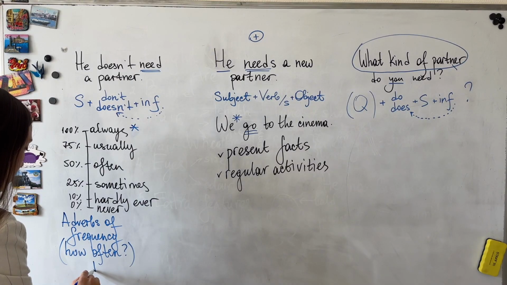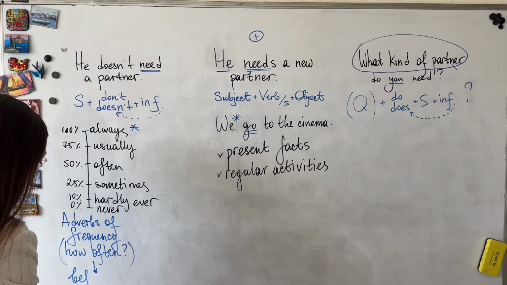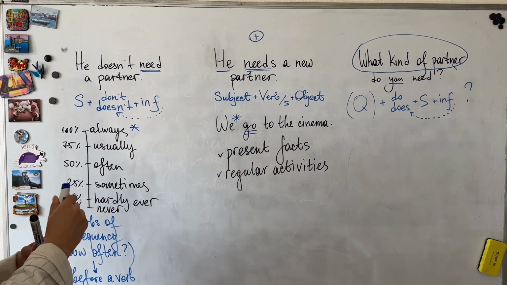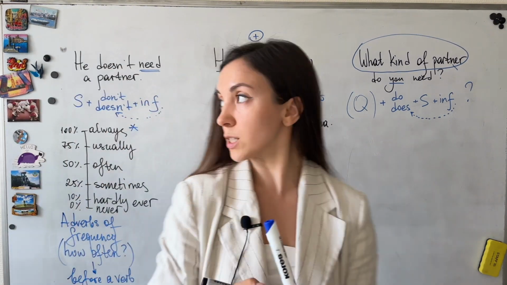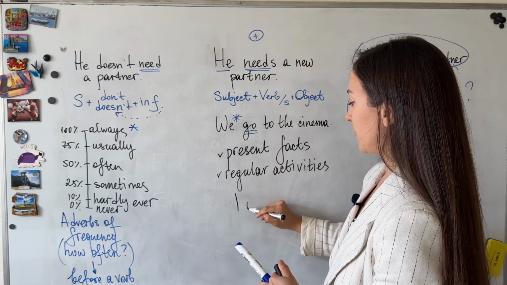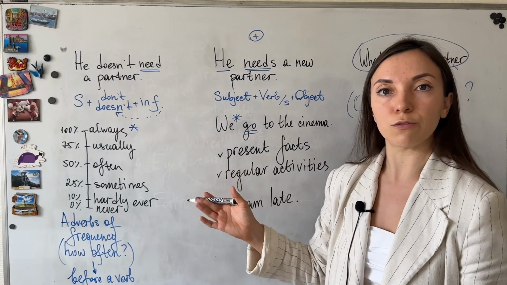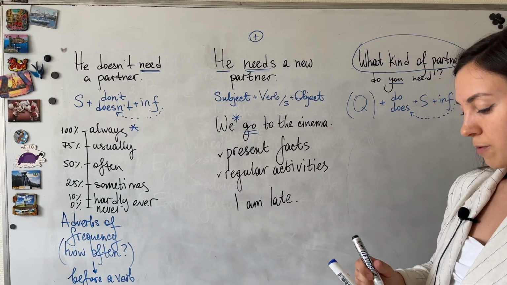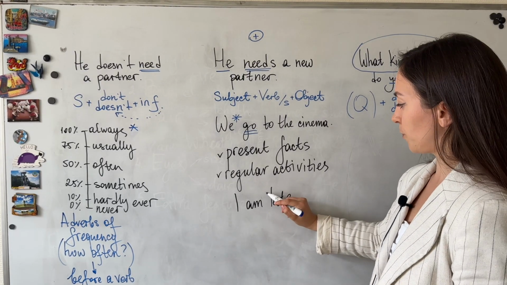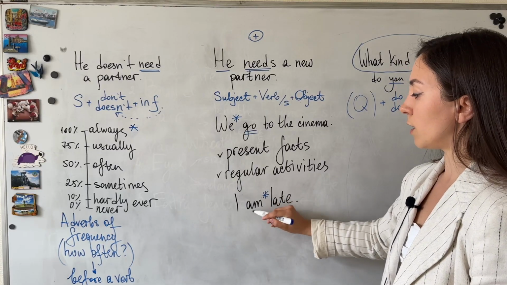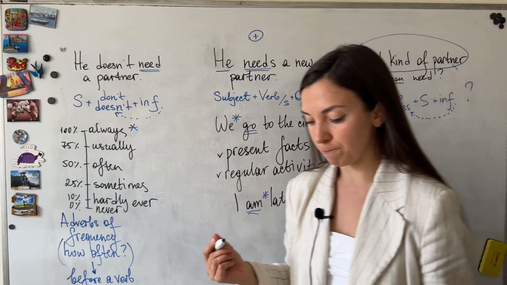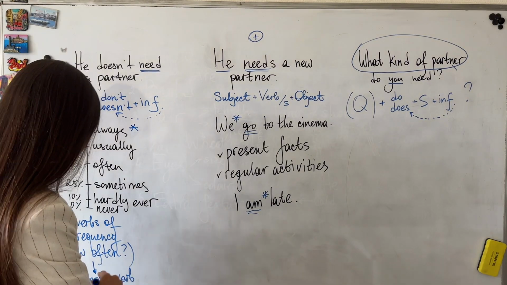Okay, let's write it. Before a verb. What about another sentence? Let's say, I am late. Let's use never. Where shall I put never here? We'll go here after be, before the main verb and after be.